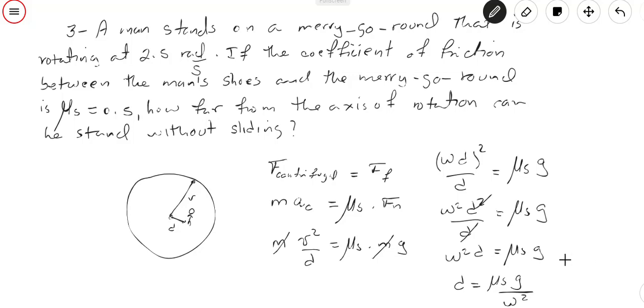So when I substitute now the values here, I say that the distance that this guy can be from the center of rotation without sliding would be mu sub s, that is 0.5 with no dimensions. Remember that the coefficient of friction has no dimensions, times 9.81 meters per square second divided by 2.5 radians per second square.